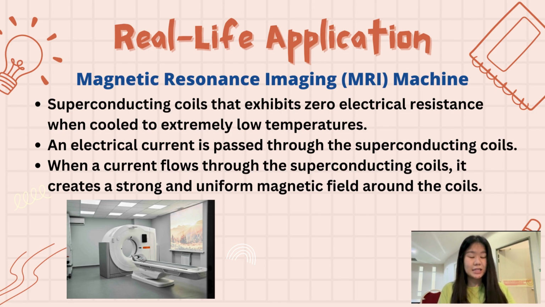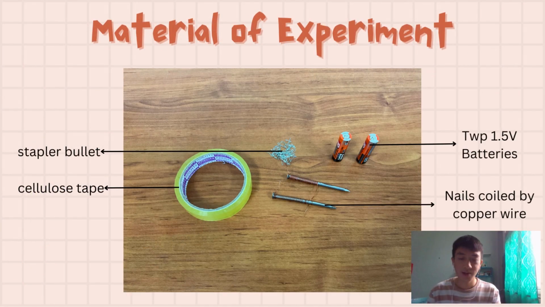Since there is no resistance in the superconducting material, the current can flow without any energy loss. When a current flows through the superconducting coils, it creates a strong and uniform magnetic field around the coils. The shape and arrangement of the coils determine the specific characteristics of the magnetic field, such as its strength and spatial distribution.